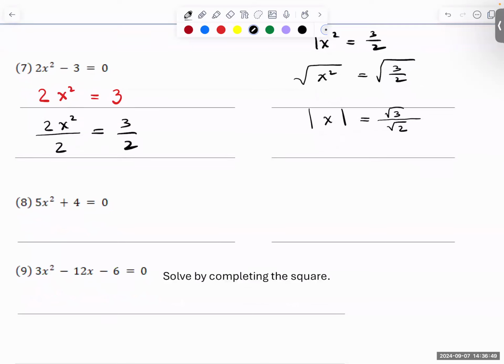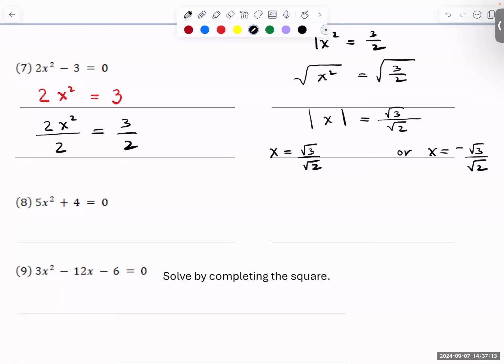So now we have two solutions from solving the compound OR statement. X equals square root of 3 divided by square root of 2, or x equals negative square root of 3 divided by square root of 2.